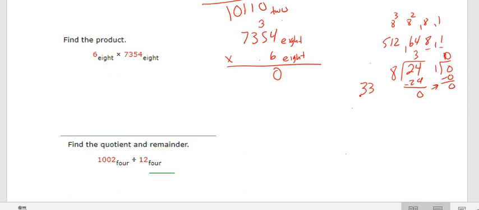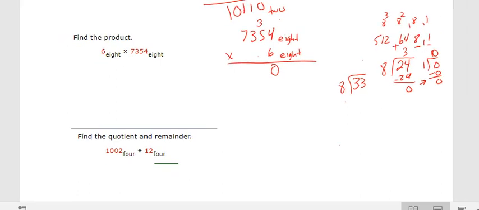So here for 33, we can use 8 again. So 8 is going to go into 33 4 times, so we get 32. So that's remainder of 1. So we take our remainder, divide it by 1. So we get 0. So 33 converted to base 8 is 4, 1. So we write down the 1, carry the 4.